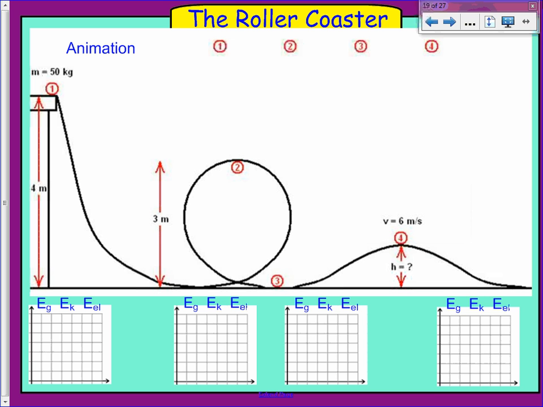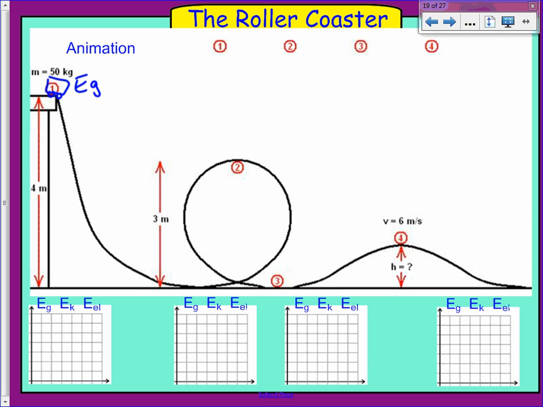Okay, so we've got 4 spots that we are going to analyze. Spot 1, 2, 3, and 4. As we go through each spot, let's think about the energy that is going to be there. At spot number 1, the cart is at its very highest point. Since this is where the cart starts, all of the energy is Eg.